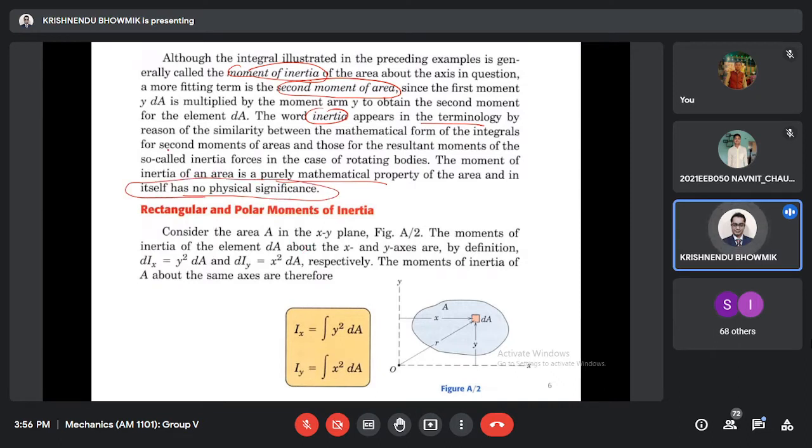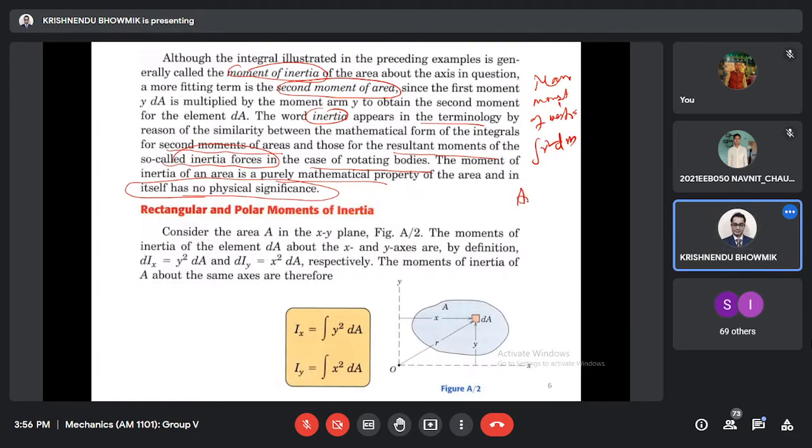We have compared it with second moment of area, and the resulting moments are like the inertia force for rotating bodies. That means mass moment of inertia is r square dm.